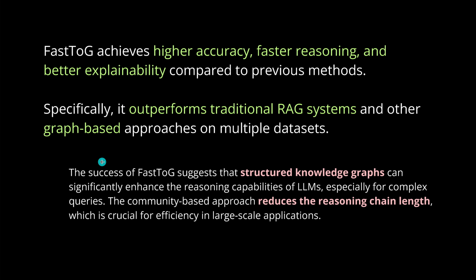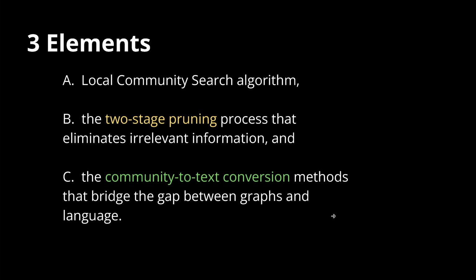And here I think the success of this Fast Thinking on Graph is that a structured, redesigned knowledge graph can significantly enhance the reasoning capabilities of our LLMs, especially if we have complex queries like in scientific applications. Plus, this community-based approach reduces the reasoning chain length, and this is crucial for the efficiency in really large-scale applications. It is cheaper, it is faster, it improves.